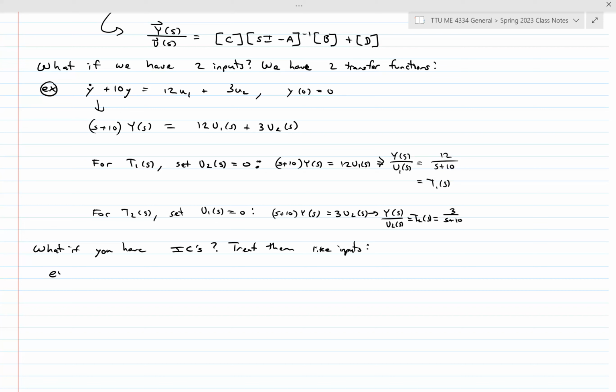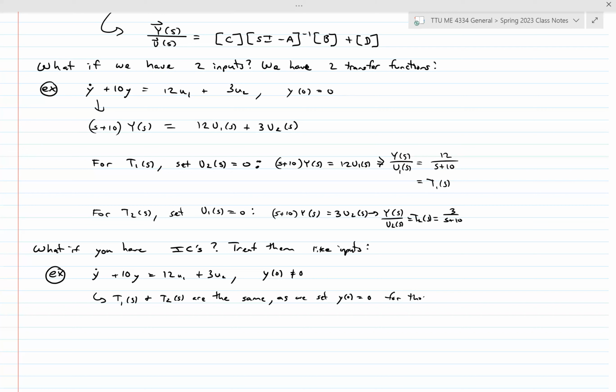So let's say y dot plus 10y is equal to 12u1 plus 3u2, and y of 0 is not equal to 0. I'd say the first two transfer functions you would get are normal for the other cases. So T1 of S and T2 of S are the same as we set y0 equal to 0 for those cases.